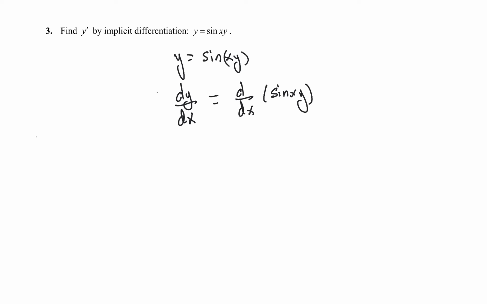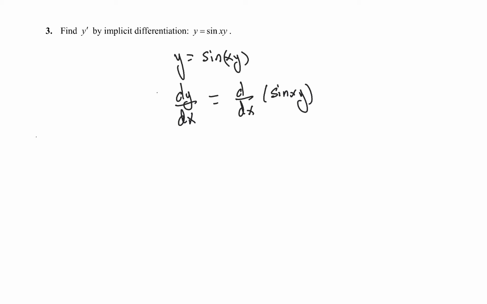Okay, problem 3 says, find y prime by implicit differentiation, y equals sine of x multiplied by y. You cannot solve for y, so it is better to use implicit differentiation. So we have the equation y equals sine of xy, and we take the derivative with respect to x on both sides.